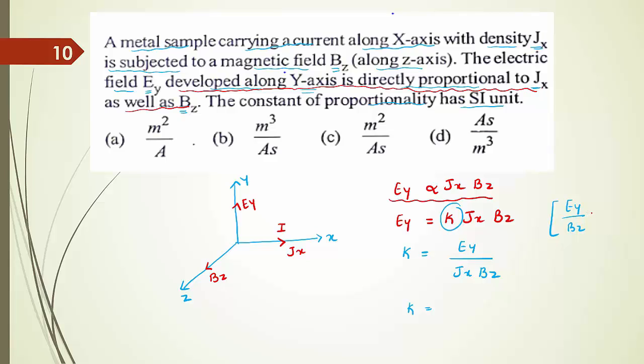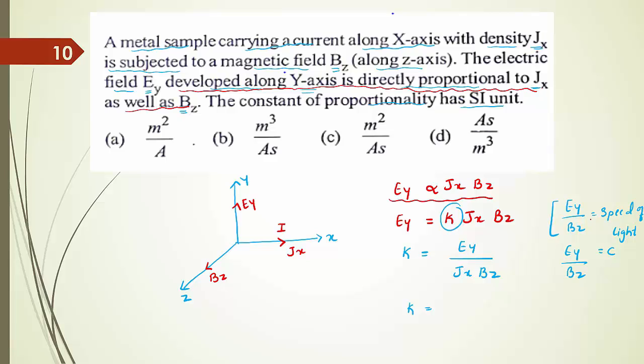Remember, it is equal to the speed of light, which we can take as C. Ey over Bz equal to C. Electric field lines and magnetic field lines are proportional to each other, and they are propagating in free space.